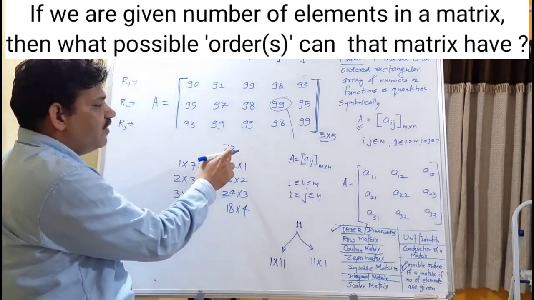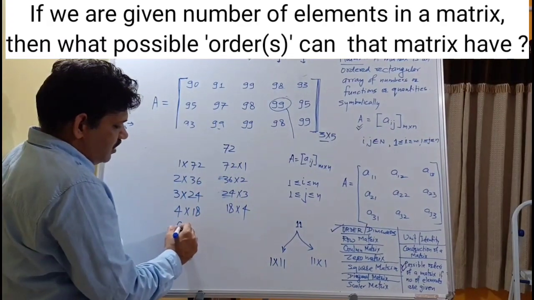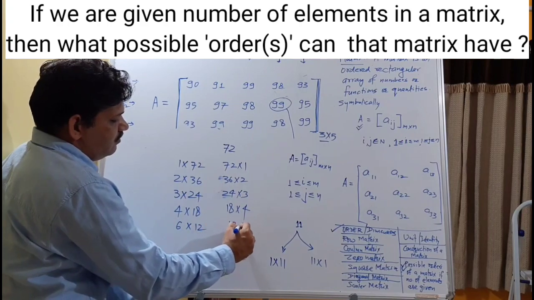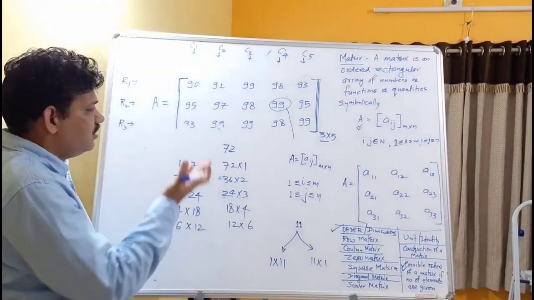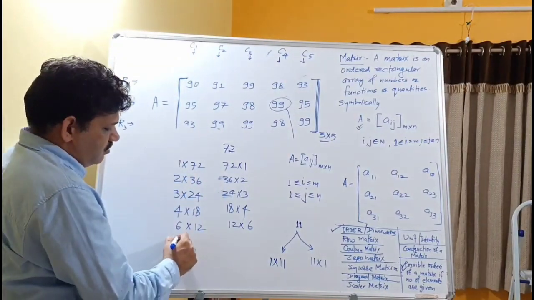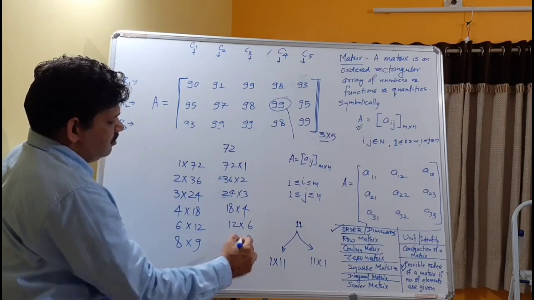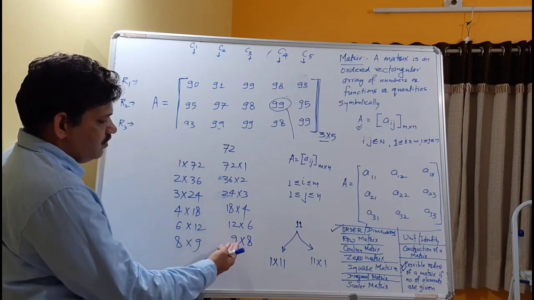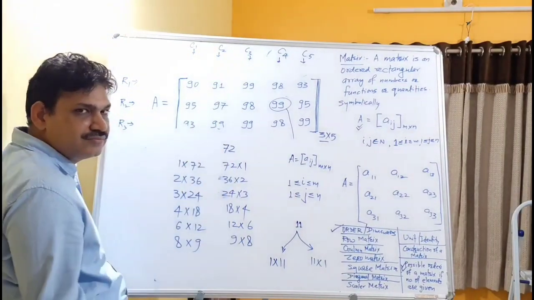It's not divisible by 5, but divisible by 6. 6 into 12, 12 into 6. 7, not divisible. 8 by 9, 9 by 8. Now, it's divisible by 9, and then 12, 18, 24, 36, 72.